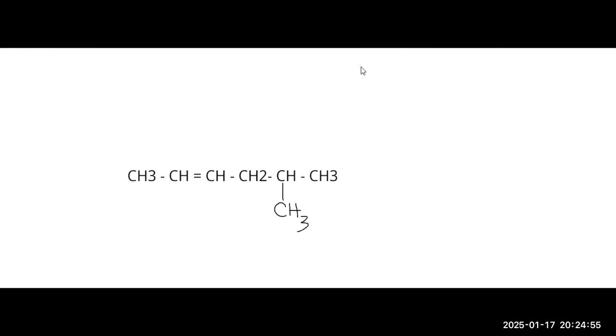All right, so when I am looking at this molecule, I am going to look at the long chain and figure out how many I've got. So I've got 1, 2, 3, 4, 5, 6. It's a hexane.